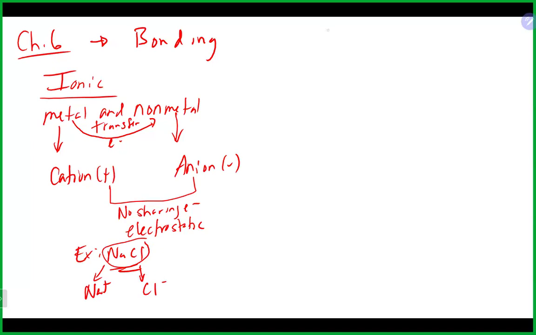The other type of bonding is covalent bonding, and covalent bonding is between two nonmetals. Because it is between two nonmetals, they're located at about the same spot on the periodic table, which means they have very similar properties. Most nonmetals do not want to give away their electrons. In fact, they would like to keep their electrons, and they would also like to take other people's electrons and gain electrons.